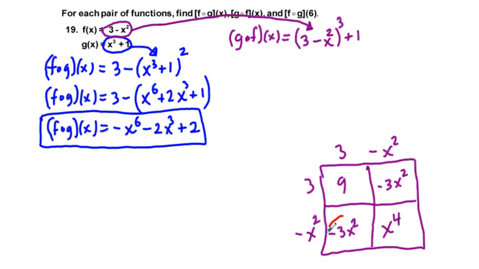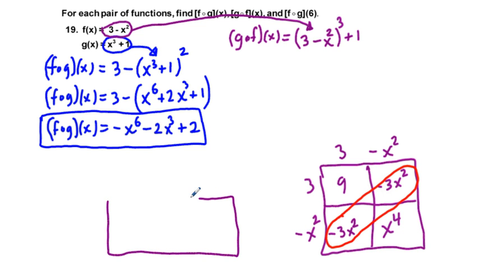And then we take these like terms here, we'll add them together, and we're going to set up another box. In this case, I'm going to go kind of below here.